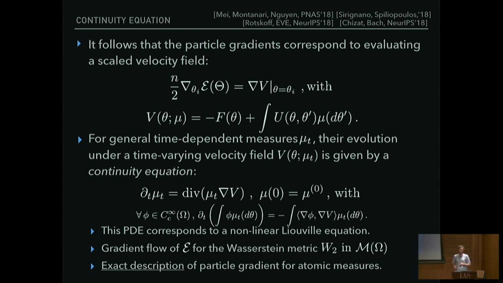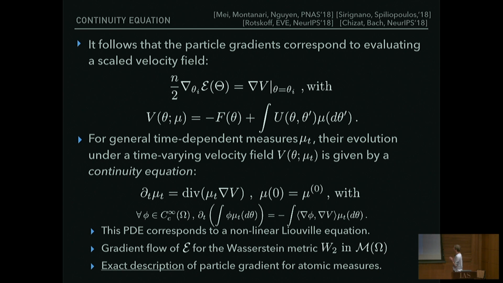This is what in physics is called the continuity equation, right? It is basically an equation that controls the conservation of mass, and the particles are going to be pulled along; they feel a velocity field. And I have to say that this PDE was developed in the context of single hidden layer neural networks by four papers almost at the same time last year.